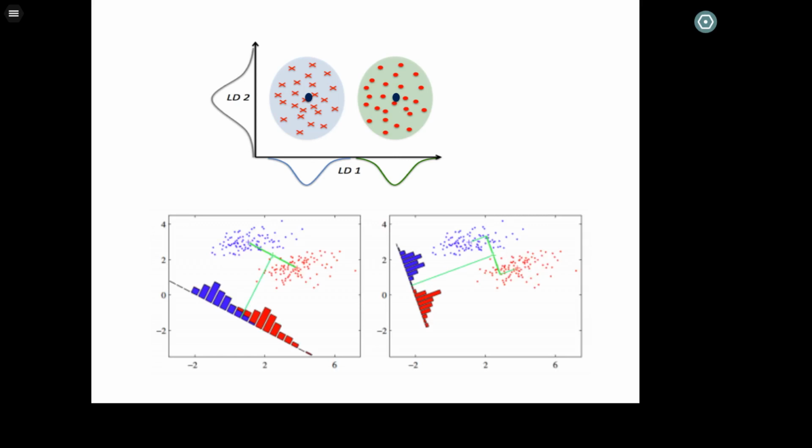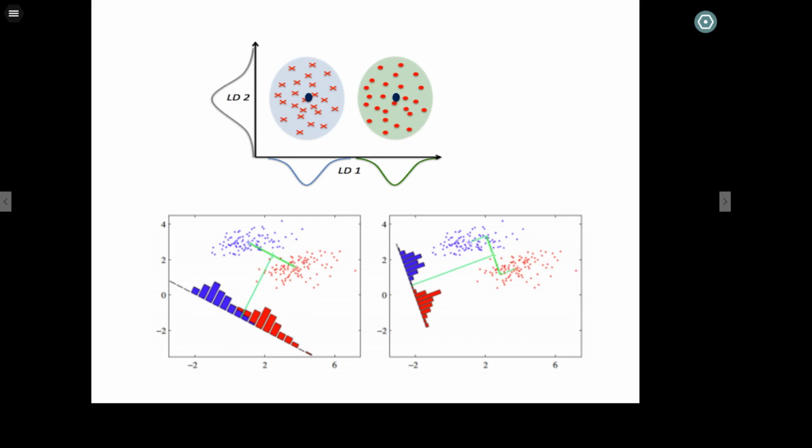Now, what if the covariance matrix sigma is not the identity? For example, let's look at the data shown in these two pictures. The data are the same, the blue and the red. Here's the center of the blue points, and here's the center of the red points.